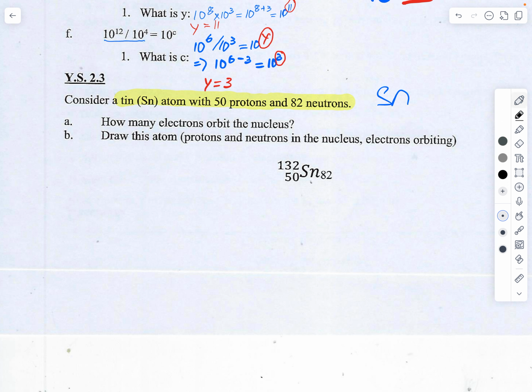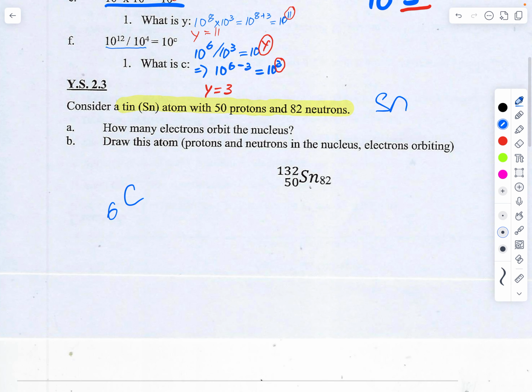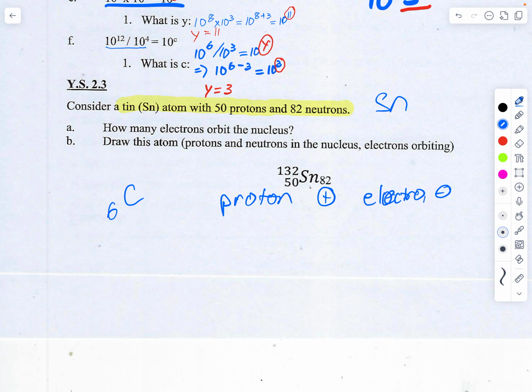And then when you think of no charge, you think that the positive charge and the negative charge are the same amount. That's why it cancels out. So let's say carbon has six protons, and it is a neutral atom. So we know that proton is positive charge, and electron is negative charge, right?